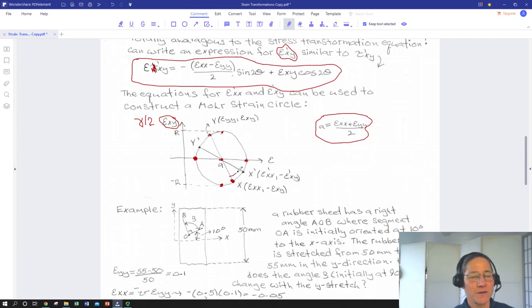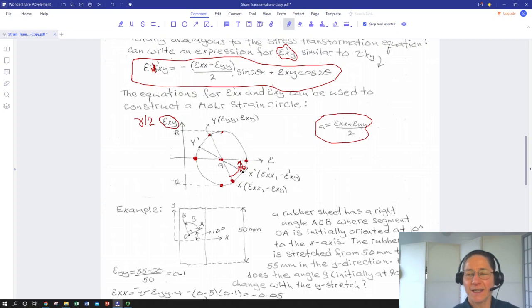We could measure this angle here on the Mohr circle if we knew where this coordinate X was, and we would know how far counterclockwise, so 2 theta on the Mohr circle equals theta on the part. We'll call this theta, 2 theta. So we'd know that theta counterclockwise from our X direction on the part, we would expect to see the most stretch in our actual part.